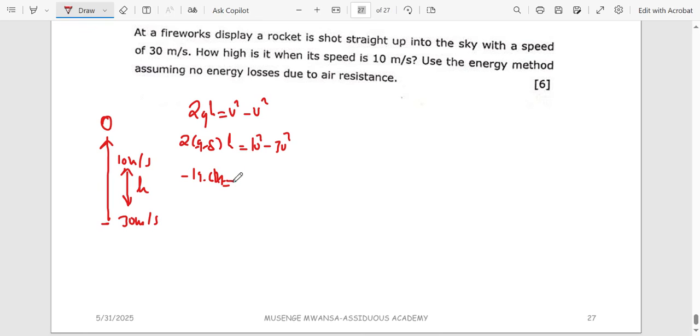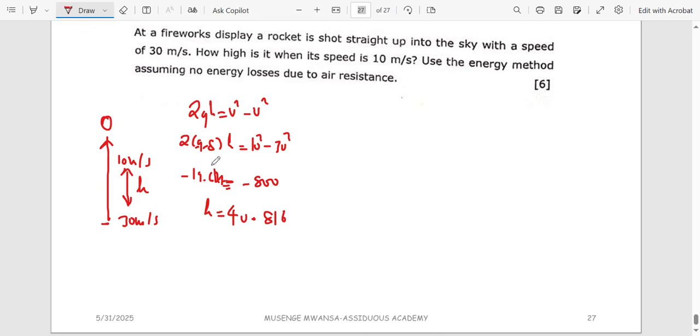10 squared, that is 100, minus 30 squared, so that gives us negative 800. Negative 800 divided by 19.6, which is also negative, gives us 40.816.